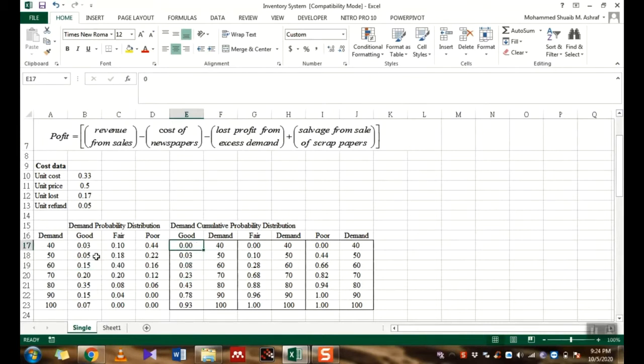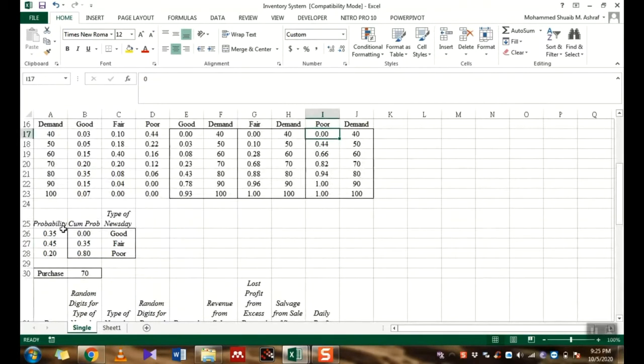Demand is given here, same as here, and the same for fair. Probabilities are given here. We will begin with 0, and then this value plus this value, and so on. Probabilities are given and demand is given as here, same for poor.